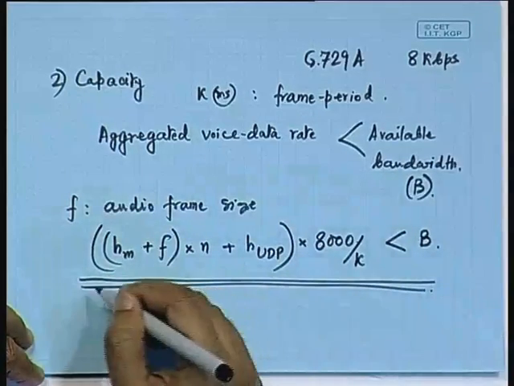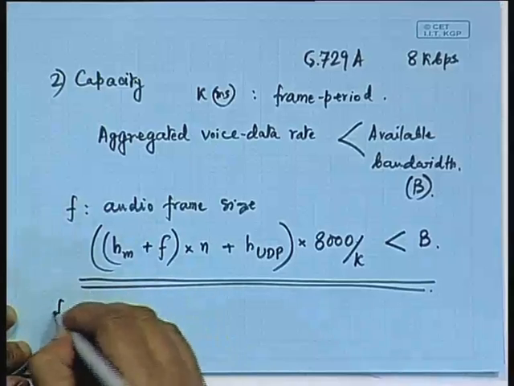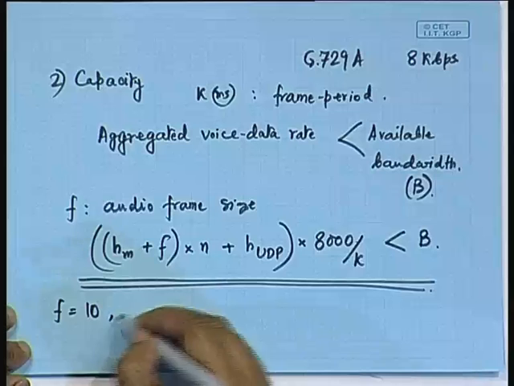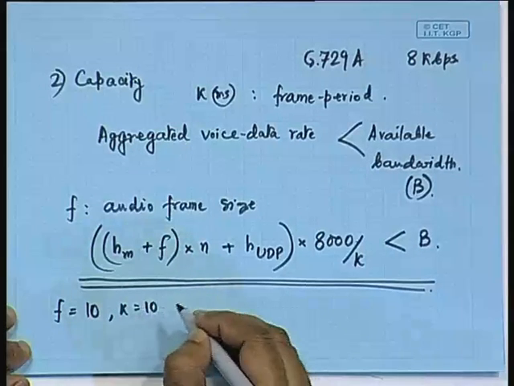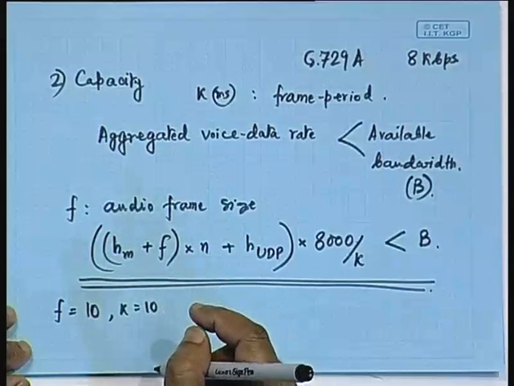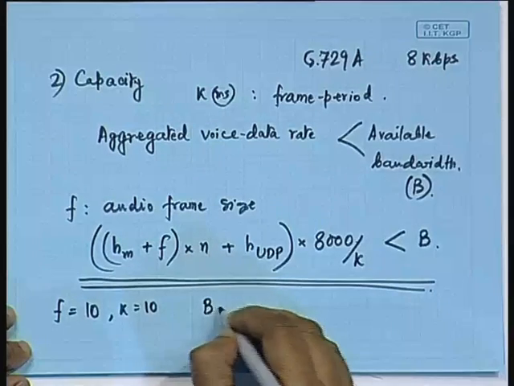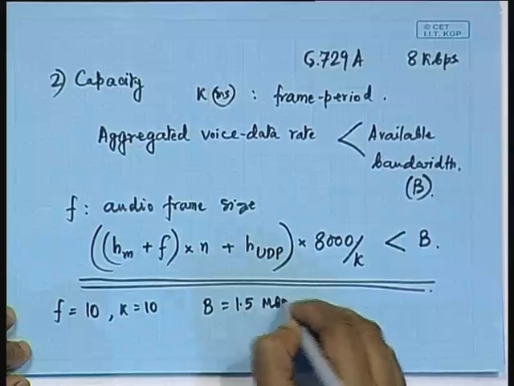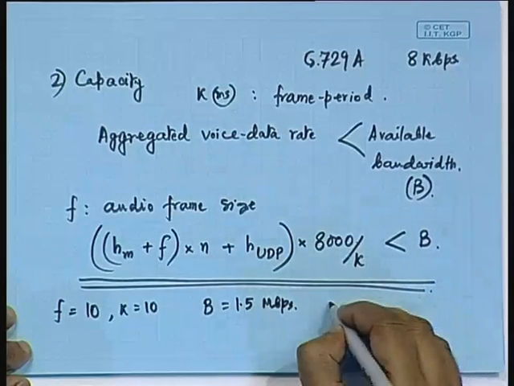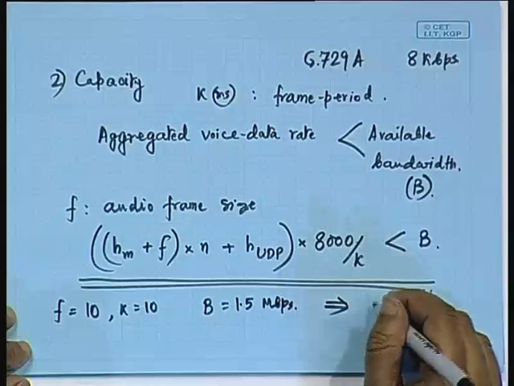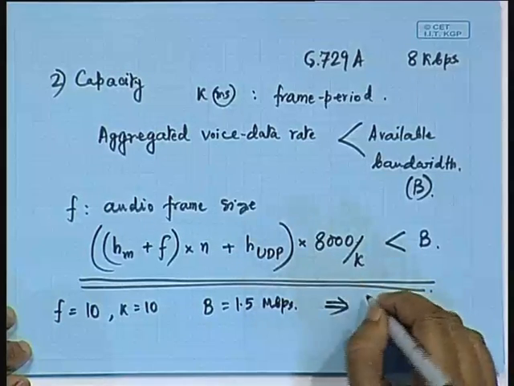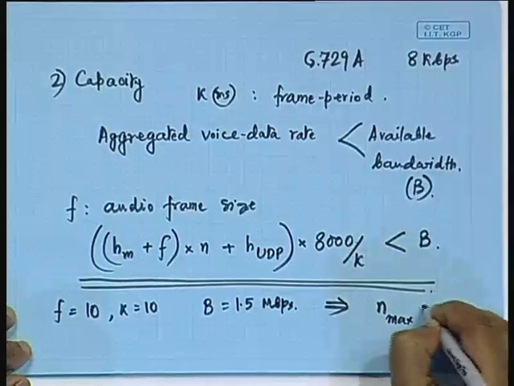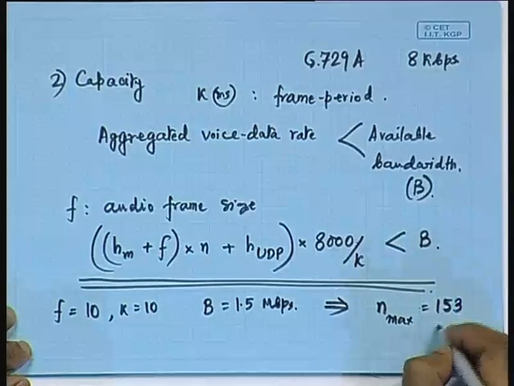If you take a typical figure of F equal to 10 bytes, take k, the frame period, to be equal to 10, and take B, the bandwidth of the WAN link, to be 1.5 Mbps, you can calculate and find out that the maximum number N that we can achieve in this case is up to 153 streams.